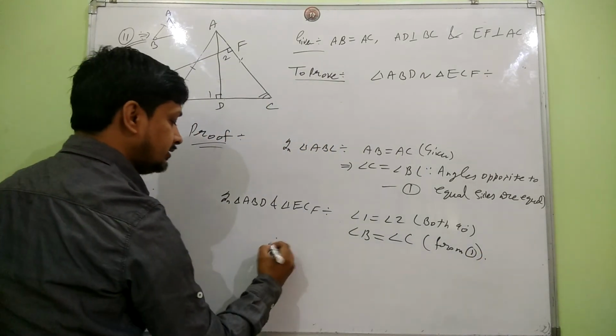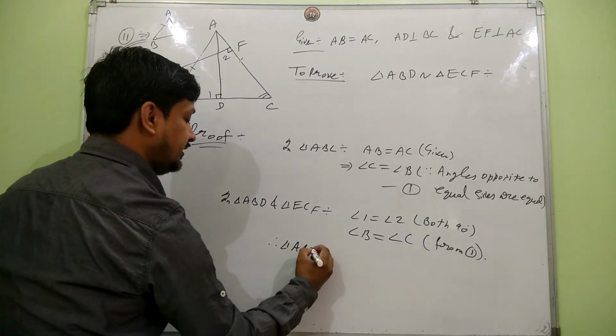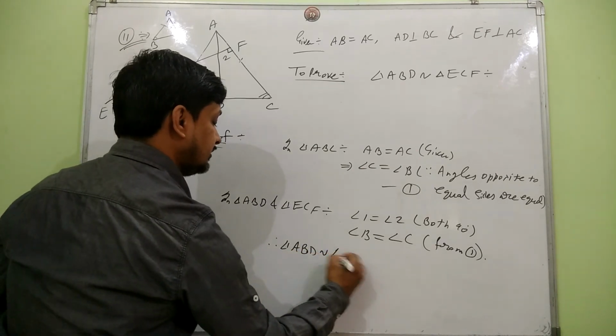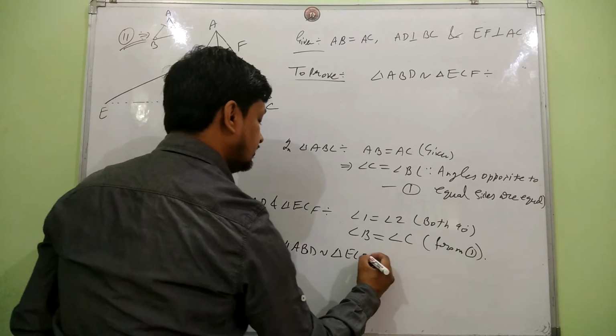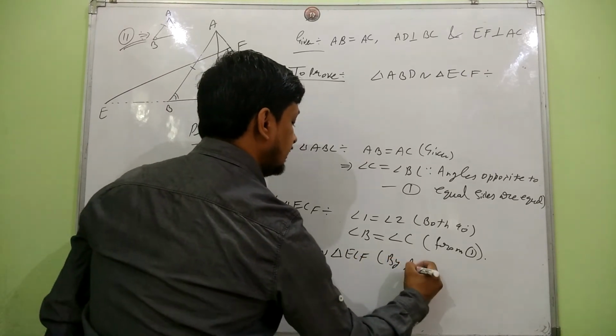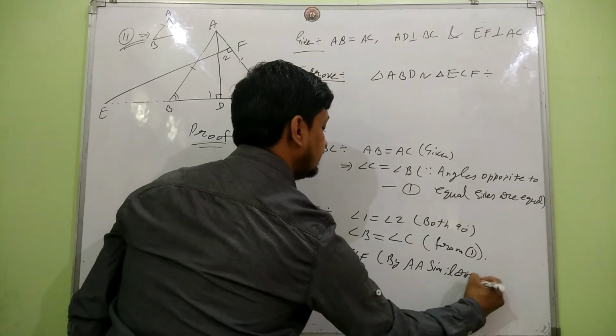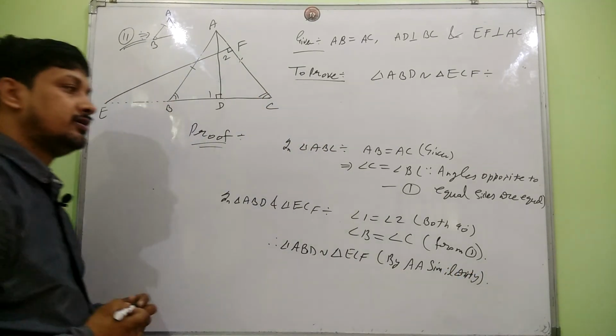So now we have done it. So triangle ABD is similar to triangle ECF. It is by AA similarity. So you can just note down the problem.